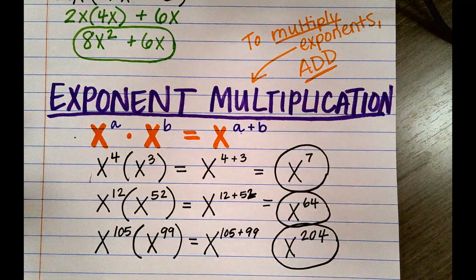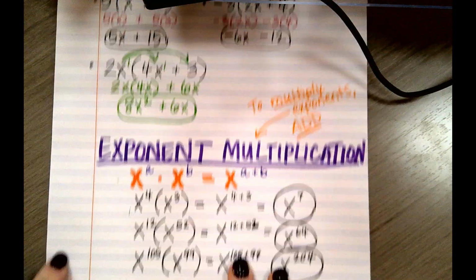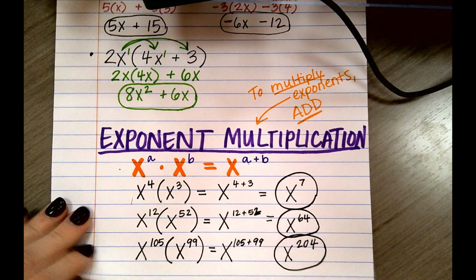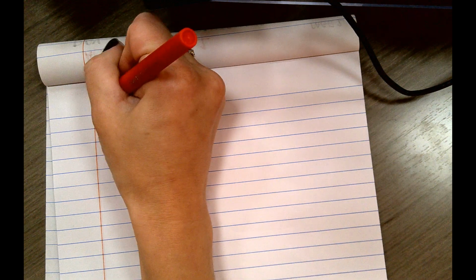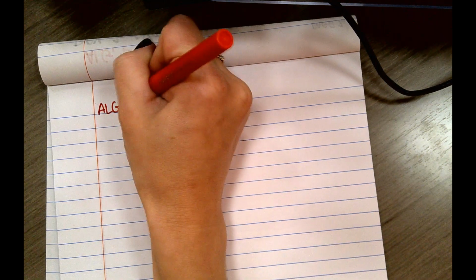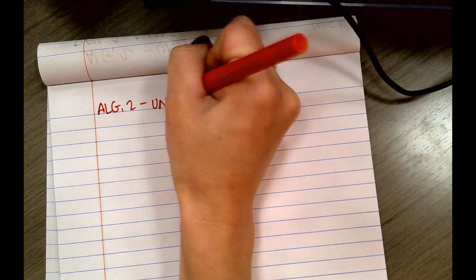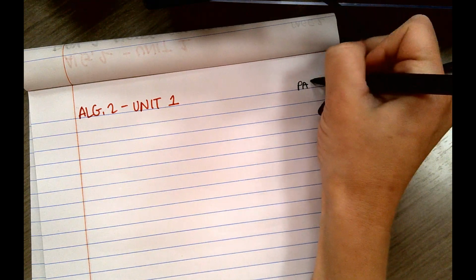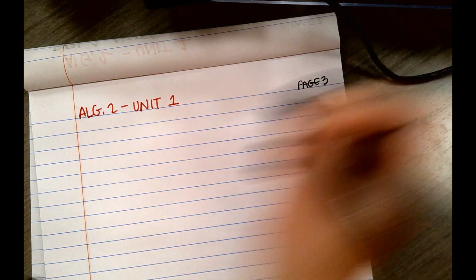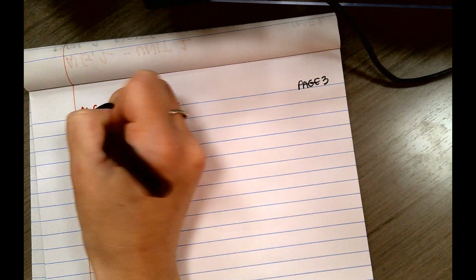All right, so we've done exponent multiplication. Now I'm going to start a new page. I'm going to retitle Algebra 2, Unit 1. This is page 3 for me. And day 1 notes continued again.